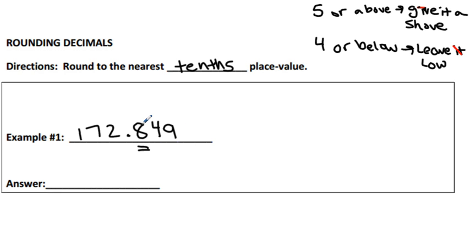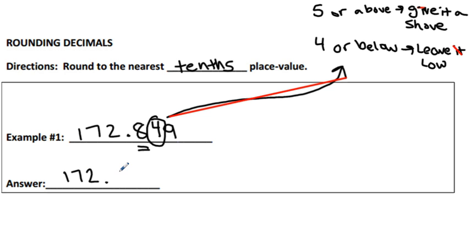So the 8 is in the tenths place. I'm going to circle my deciding number. That is 4. I don't care about the 9 in the thousandths place. The 4 is going to be my deciding number where I use the rule. So this is 4 or below, so I'm going to leave that 8 low. So it's going to be 172.8 is my rounded answer.